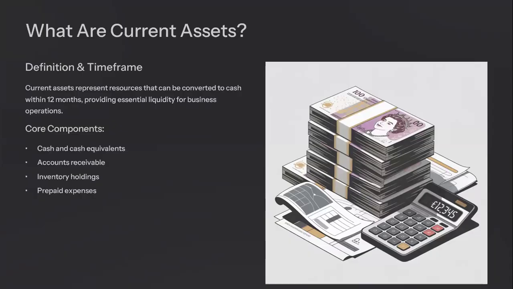So current assets are short-term resources easily convertible into cash. The components of current assets are cash, bank, accounts receivable, inventory, that is finished goods, raw material, or work in progress, and prepaid expenses. Here, debtors are also part of current assets, but we covered them under equivalents.